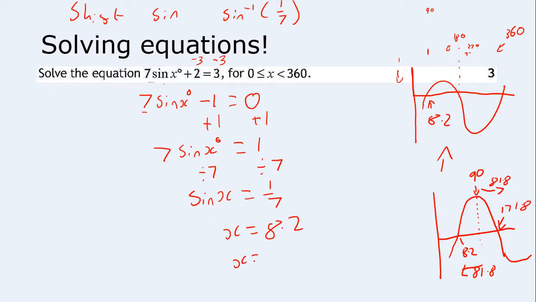So my other value of x is 171.8. Notice that the difference between sine and cos is that with the cosine, it was 180 that we had to use. But because this graph is different, we're using 90, and it's 90 because this is where the symmetry is between the two sections.